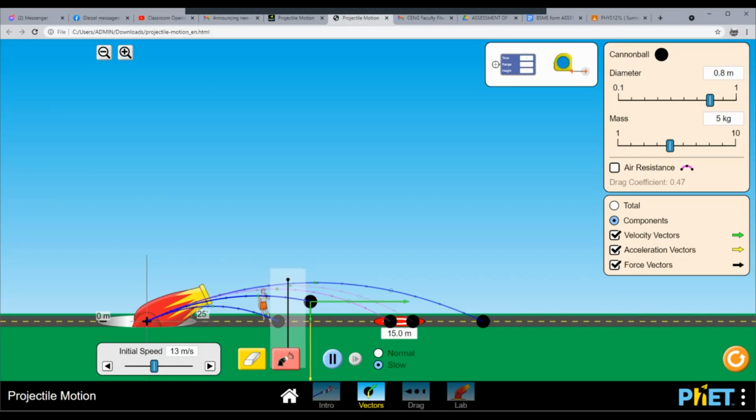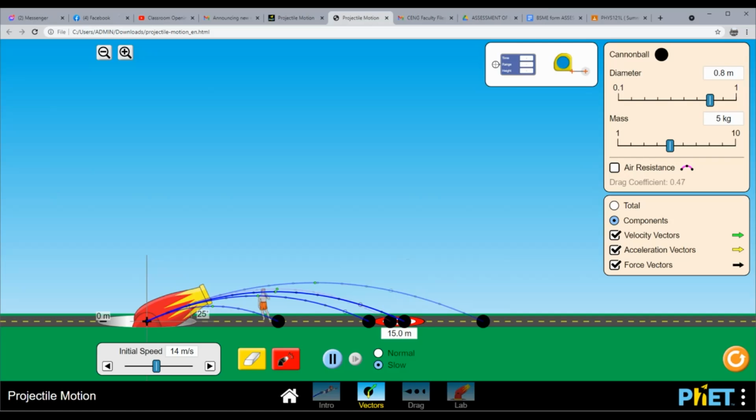And let's see what would happen. Konti na lang. Next, try natin yung 14. Ayun. That's the most ideal speed of the cannonball, 14 meter per second without air resistance.